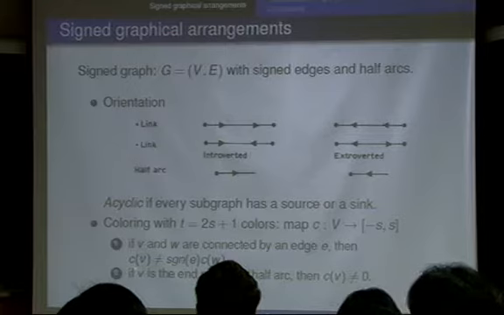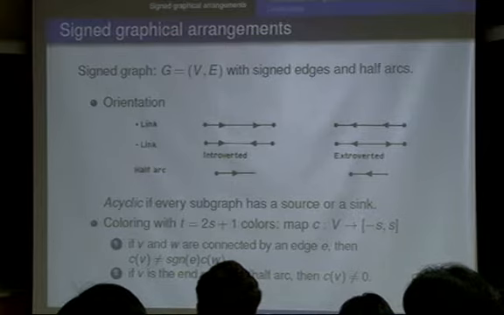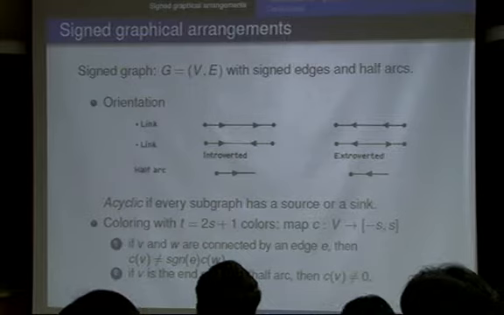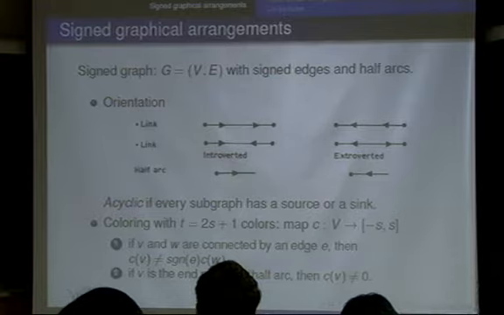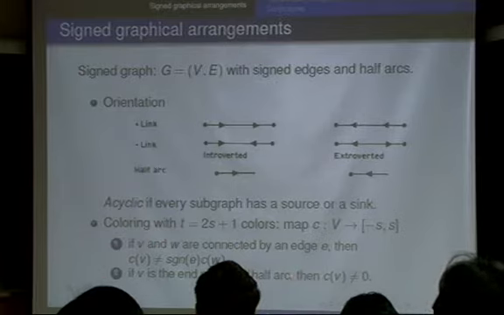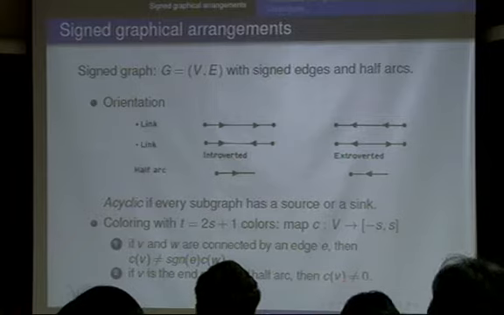If they are connected by a positive edge, they have to have different colors. If they are connected by a negative edge, they have to have different colors up to sign. Okay. So if it is connected by a negative edge and one vertex is colored by number 1, then the other vertex has to be colored other than negative 1. And if a vertex is connected to a half arc, then the color has to be different from 0. This is the condition.